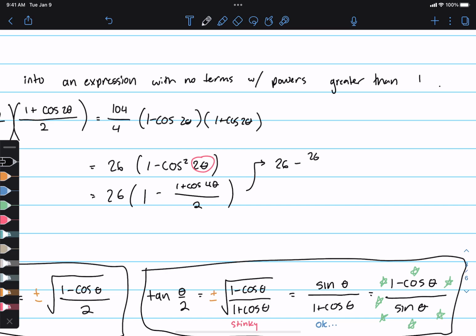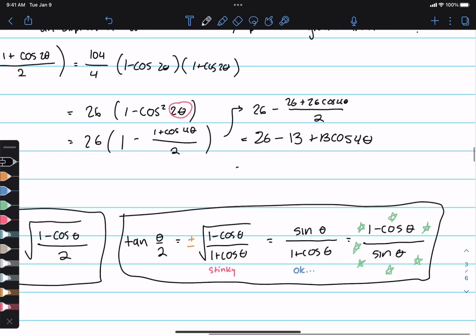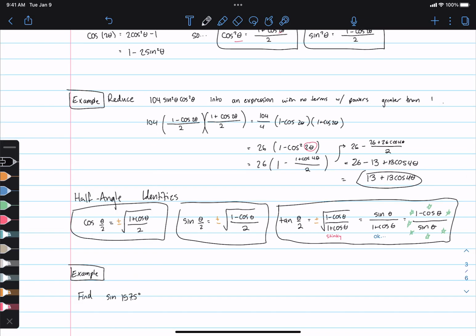Minus 26 plus 26 cosine of 4 theta over 2, which is 26 minus 13 plus 13 cosine of 4 theta. And cleaning this up one last time, this is equal to 13 plus 13 cosine of 4 theta. And there we go.